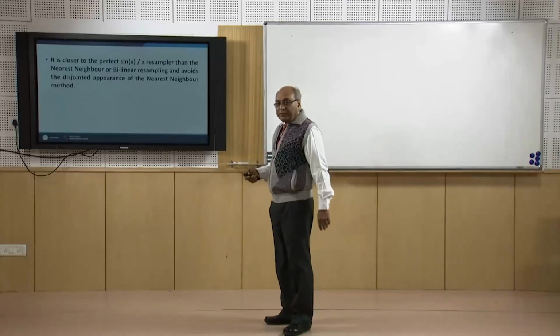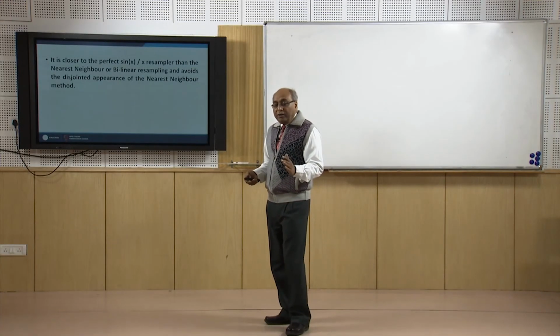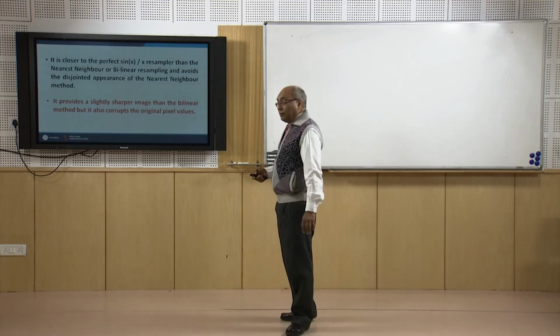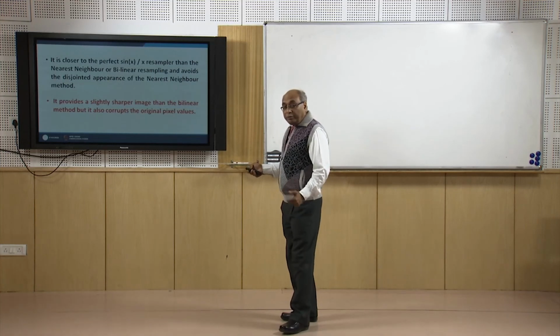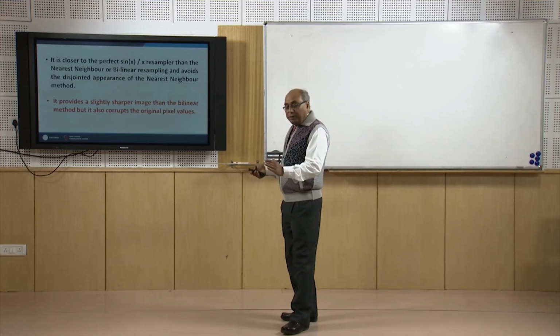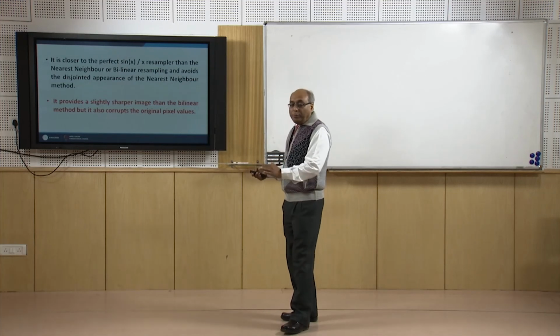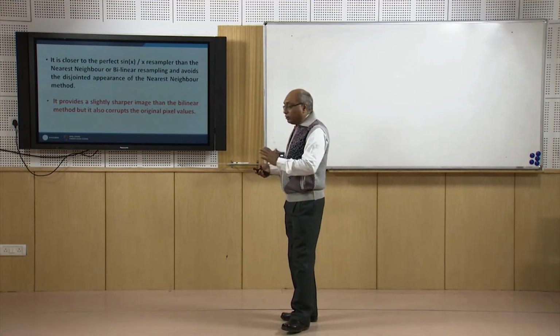It gives a very smooth appearance compared to nearest neighbor, which may have jagged or stair-step effects. Cubic convolution provides smoother results, but may not be very appropriate for images that are going to be used for classification.